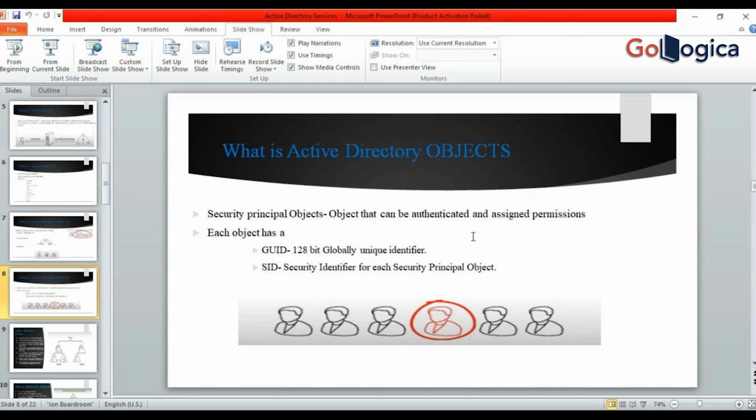Whatever type of user we are creating, some authentication and assignment permissions are given to that particular user. We call it, in terms of GUID, a 128-bit globally unique identifier, and SID is the security identifier for the particular user.